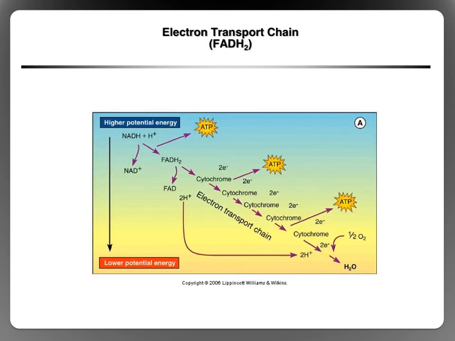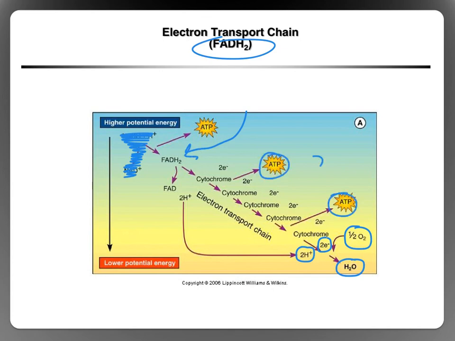When the carrier is FAD, the process is identical. Oxygen is the final electron acceptor. We end up with a water. The electrons and the hydrogens come together. The electrons were passed on down the line. The only difference is that FAD enters the electron chain in a different location, and therefore we only get 2 ATP when we start with FAD.